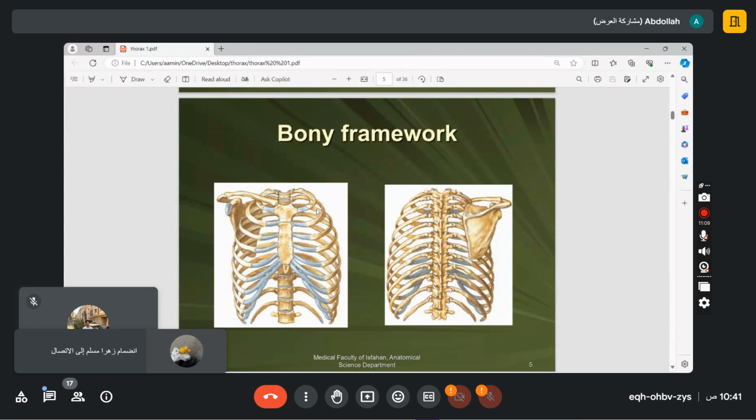In this slide, you also see the thoracic cage from the anterior view and the posterior view. I numbered the sternum, ribs, and vertebral column. The scapula and clavicle will be taught in the skeletal system.